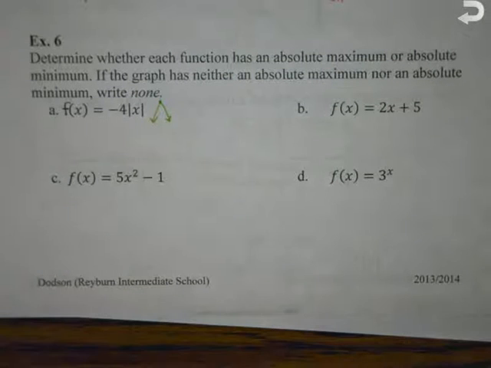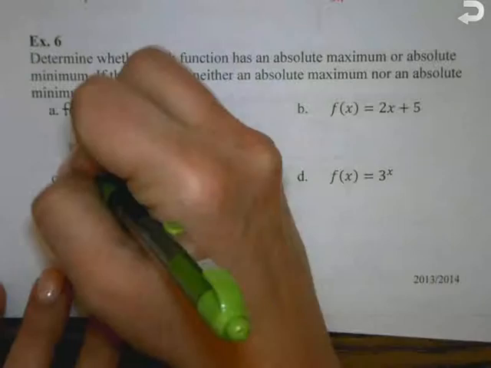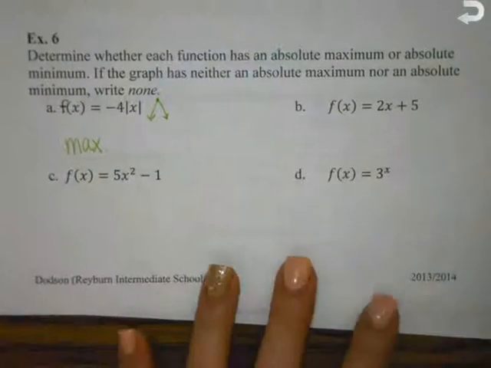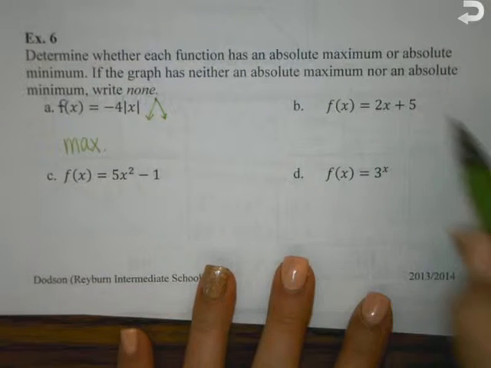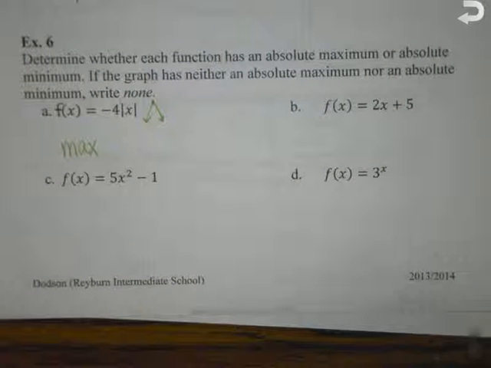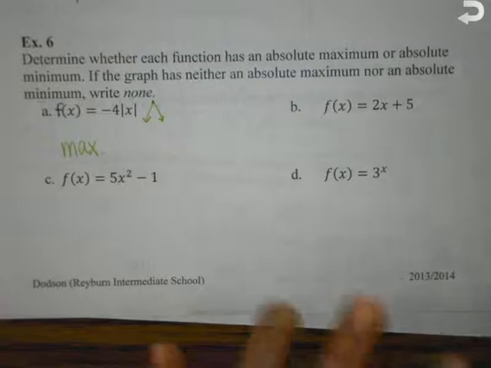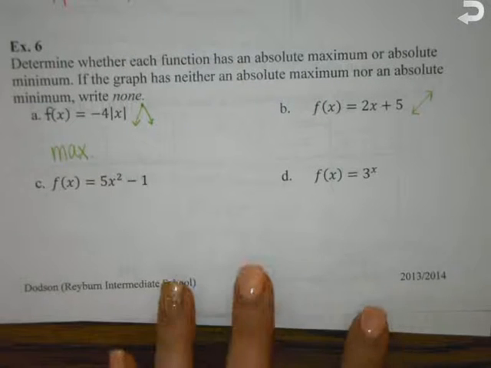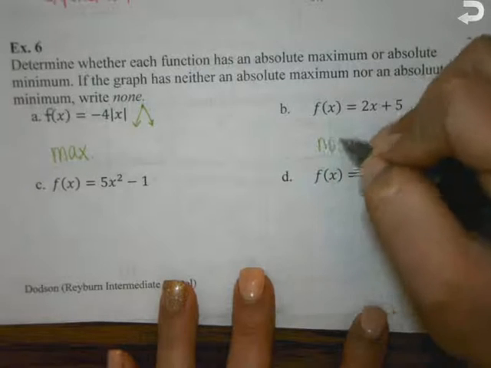It's the maximum. Hold on, let's finish. f of x equals 2x plus 5. What type of function is that? Linear. Now, does a linear function have a maximum or minimum? No, because it goes on forever. So none.